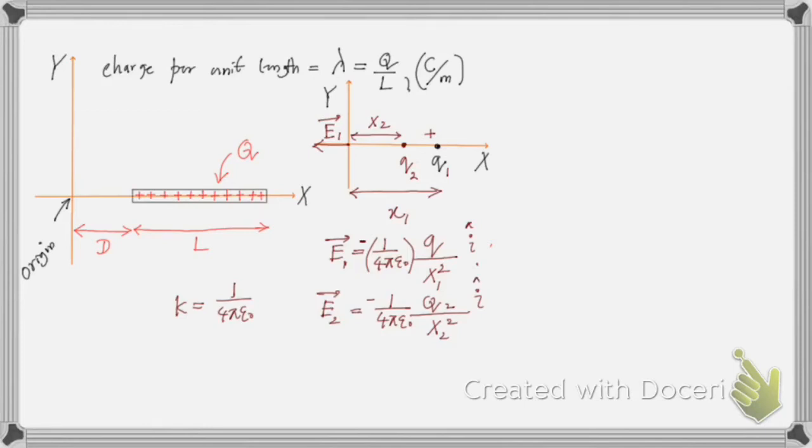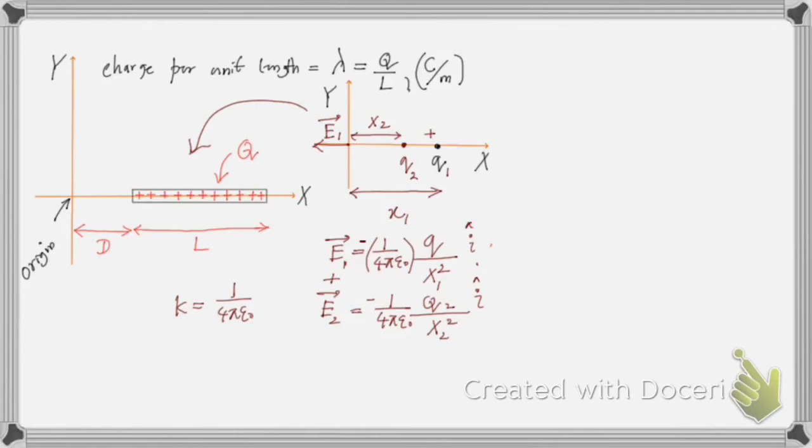Now we know how to get the resultant electric field if you have single charge particles. What you have to do is add these two vectors together because they are along the same direction. Now if we come back to our original problem, what we have is a large number of charged particles which are close to each other and distributed uniformly throughout this rod.